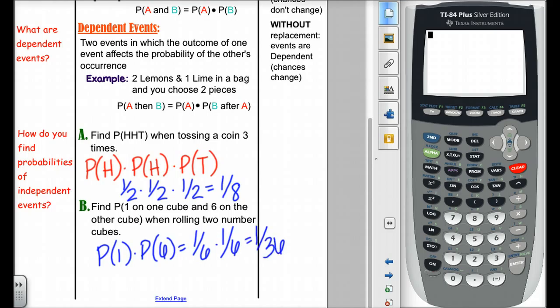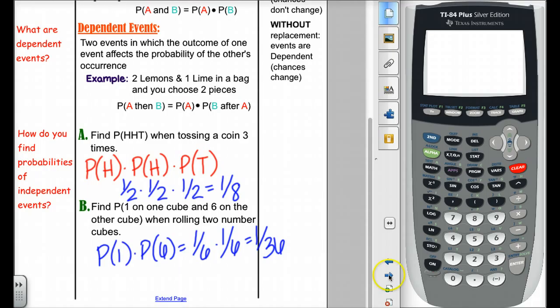If you think about it, it would be a permutation, because if we think about having 2 cubes of 2 different colors, a 1 on cube 1 and a 6 on cube 2 is very different from the opposite.